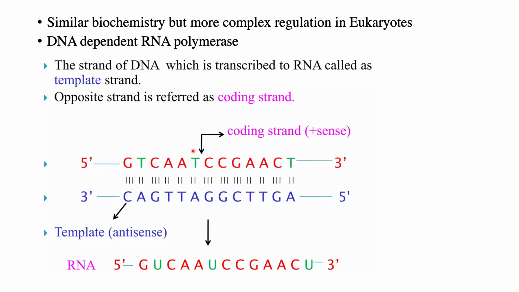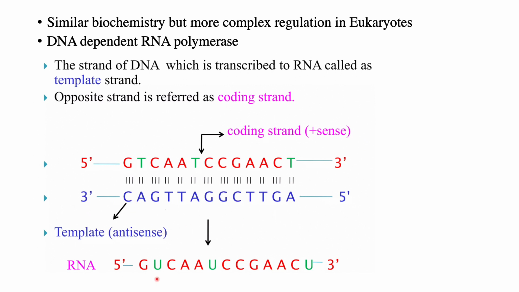It uses one of the DNA strands as a template on which the complementary ribonucleotides are incorporated to synthesize the RNA. For example, in this sequence, this strand of the DNA acts as a template strand, and it produces the RNA. So here we could see that the sequence of the RNA is complementary to the bases of this template strand.